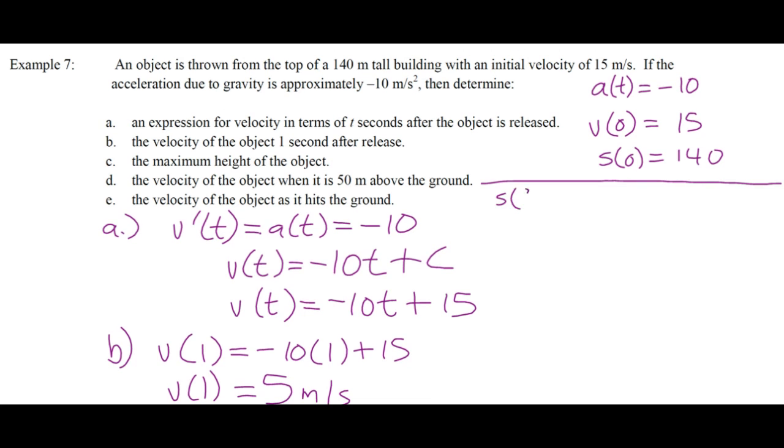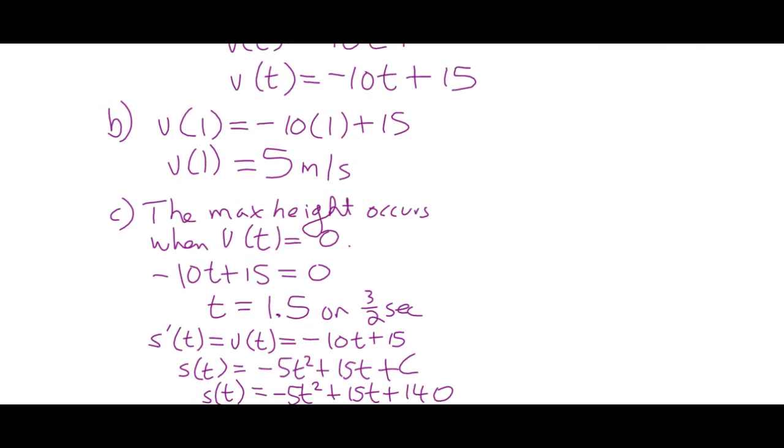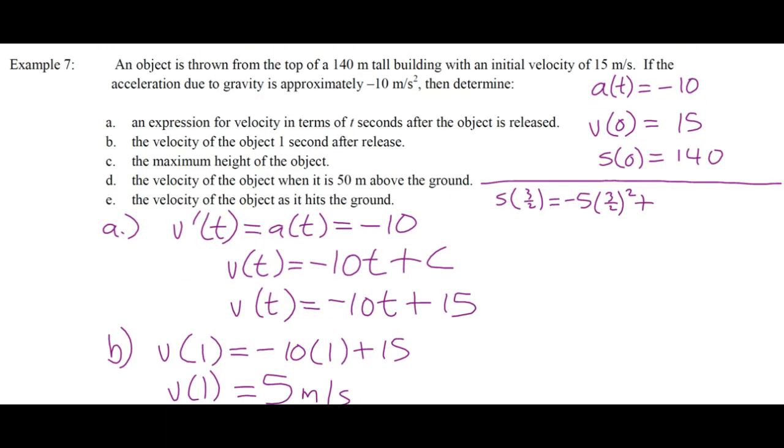So s of 3/2 is negative 5 times 3/2 squared plus 15 times 3/2 plus 140.